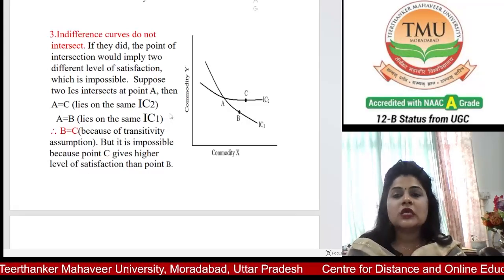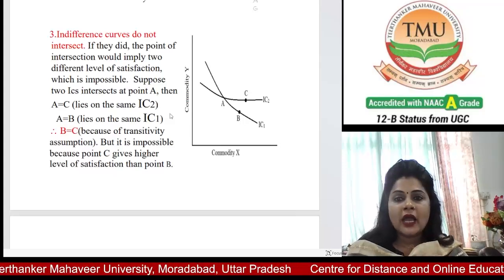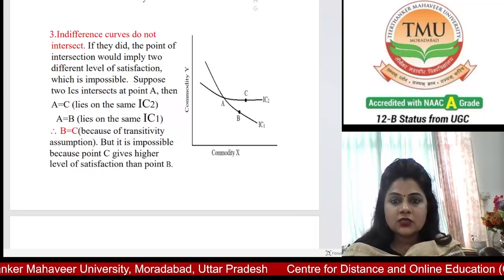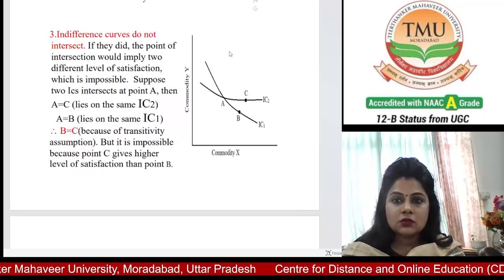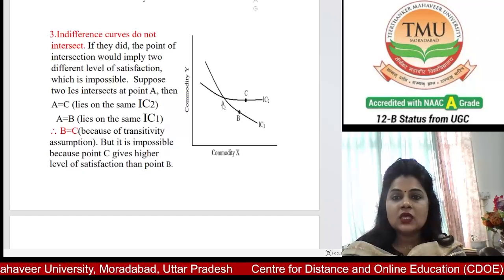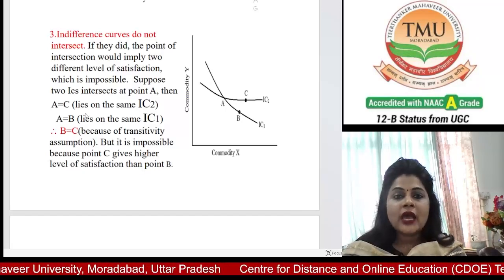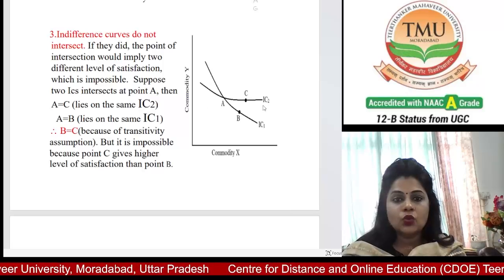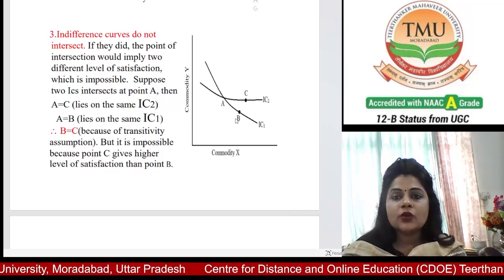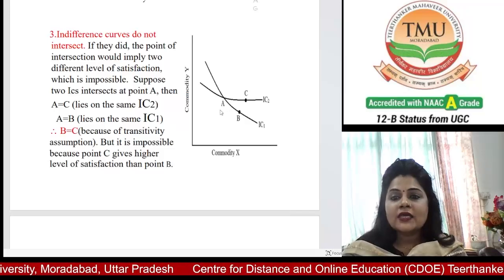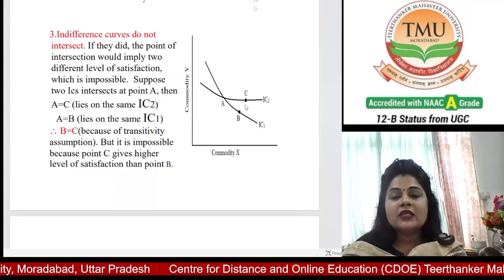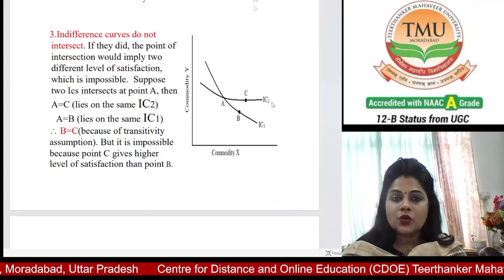Suppose, as you see in this figure, the curves intersect at point A. Then A is equal to C. A lies on IC2, while A is also equal to B, which lies on IC1, while C lies on IC2.